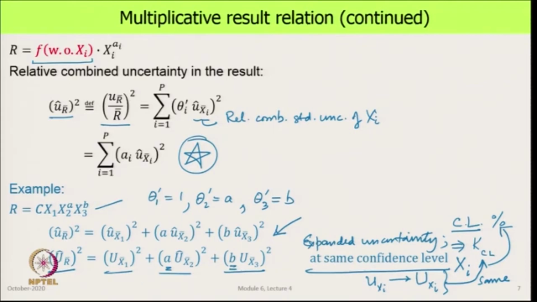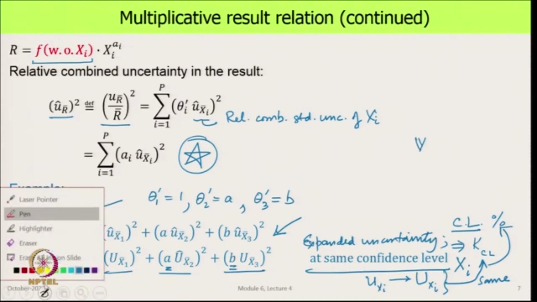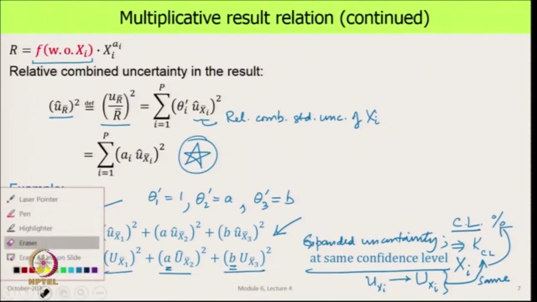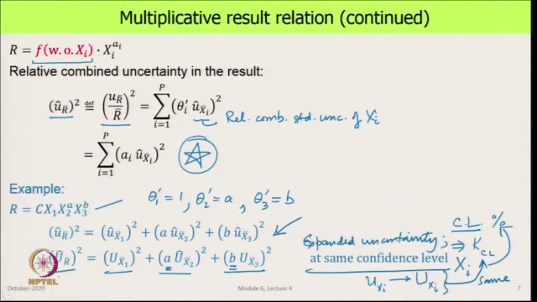So, very quickly we can see what is happening over here. If you have a function like volume, the volume of a cylinder is pi d square upon 4, where d is the diameter, multiplied by its length.